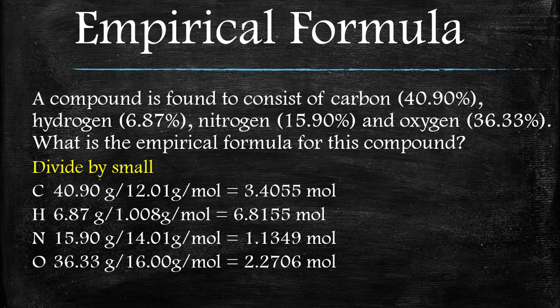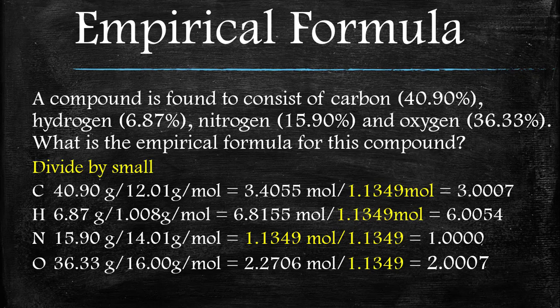Now we're going to divide by small, continuing to go out to 4 decimal places. While looking at these 4 values, we see that 1.1349 is the smallest number of moles. So we're going to divide each of the numbers of moles by the smallest, and we get these values. Here's another important point. You need to look at the number in the 10th place. If that value is equal to 0 or 9, you can round to the nearest whole number.